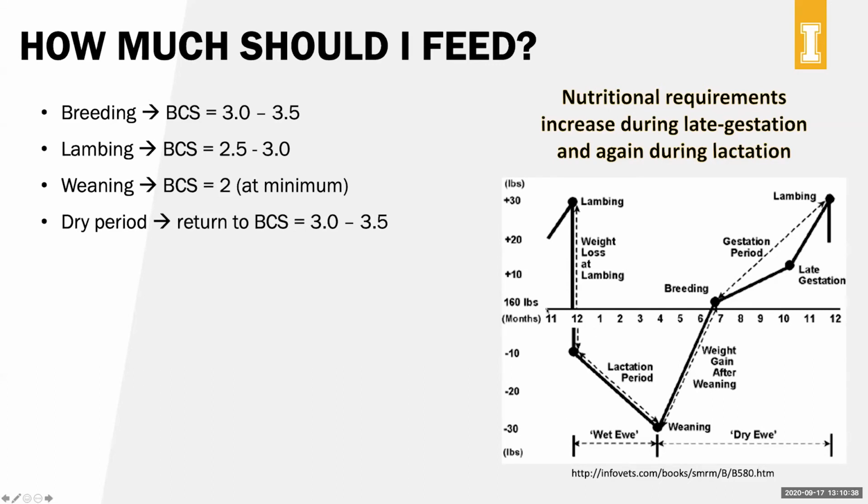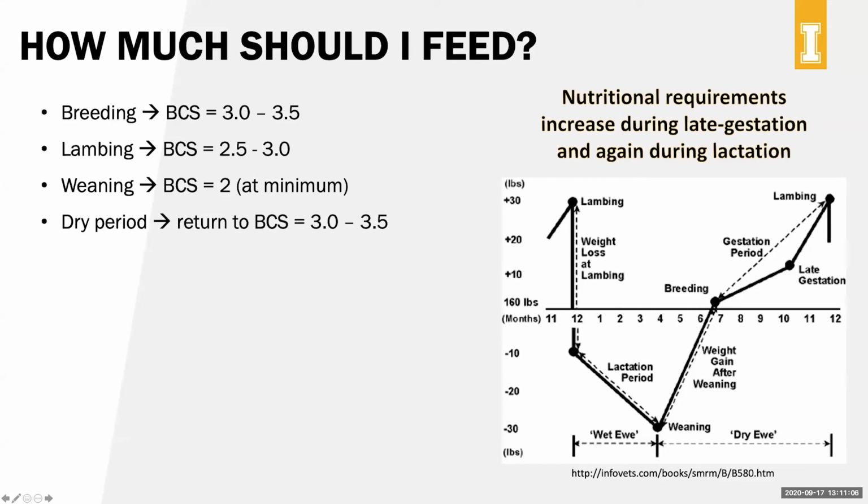So if we're talking this line being approximately a 3 body condition, you're going to see a fluctuation here from 4 down to maybe when we're weaning off, these animals could be 2.5, right? And that's perfectly acceptable. But you have to make sure that they gain that weight back because they need to be at about that 3 body condition score at breeding to make sure that you're having the most success during your breeding program.